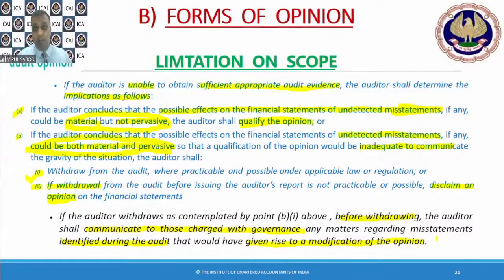These are the misstatements which I have identified during the audit, and they might lead me to modify my opinion, either remove the limitation on my scope, or I am withdrawing. If the law is not permitting me to withdraw under the law where I am conducting the audit, I'll disclaim my opinion.